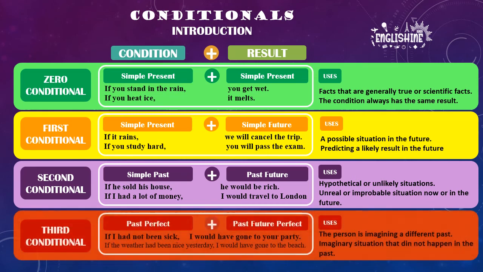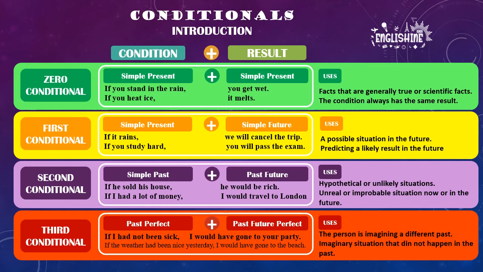The third conditional, we use the past perfect plus past future perfect. This is used when a person is imagining a different past, an imaginary situation that did not happen in the past. For example, if I had not been sick, I would have gone to your party.